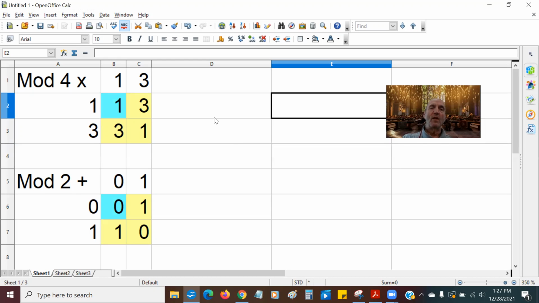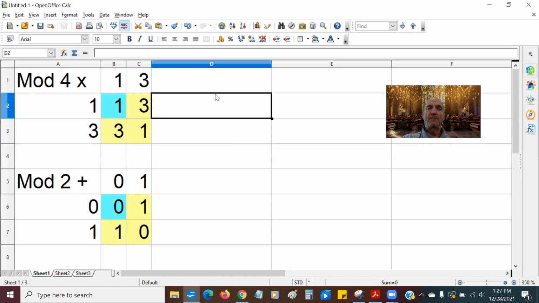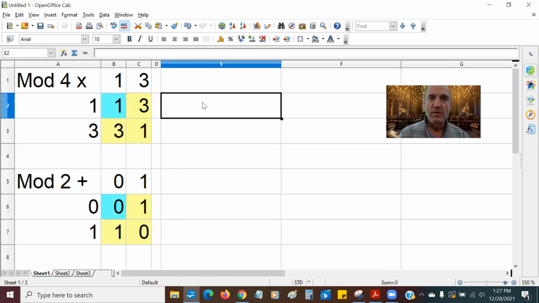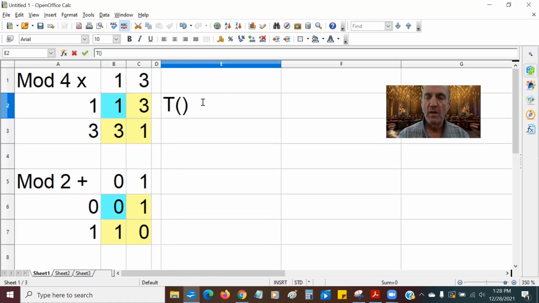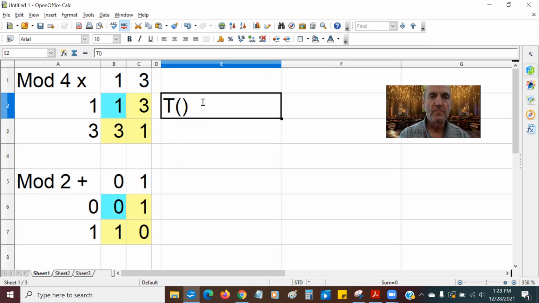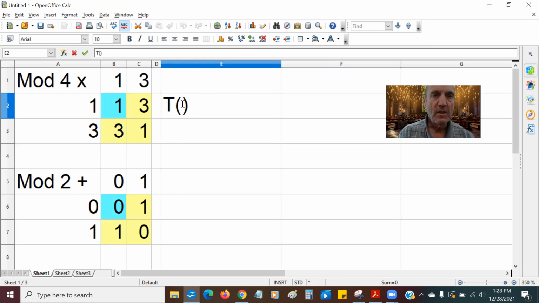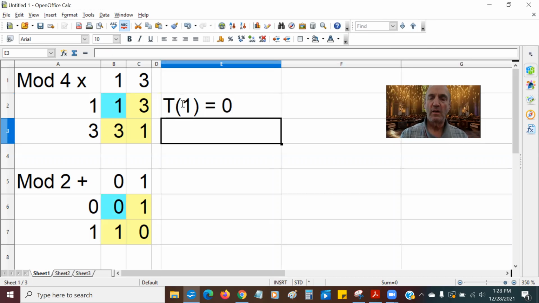So basically, if I'm going from, let's write it this way, T of 1 equals 0, and T of 3 equals 1.